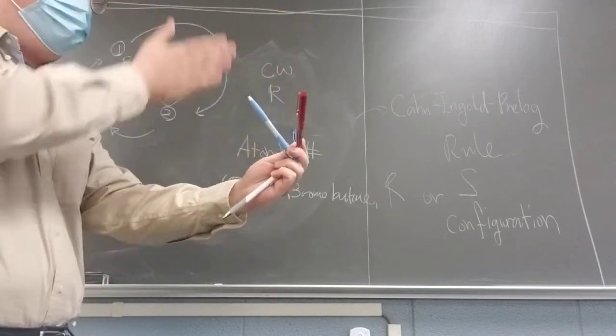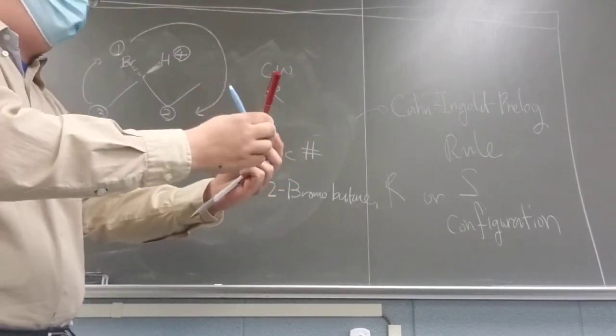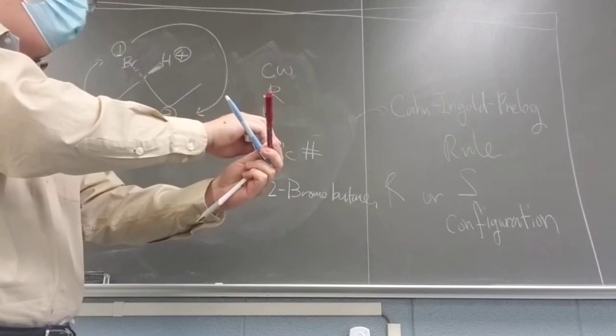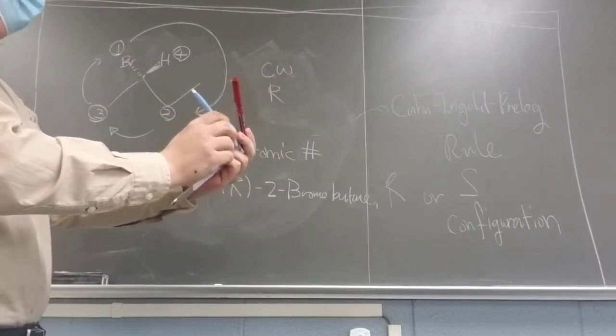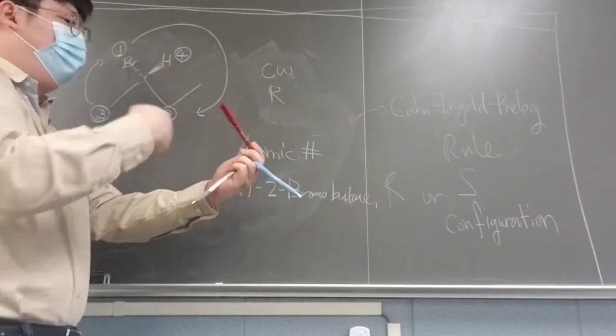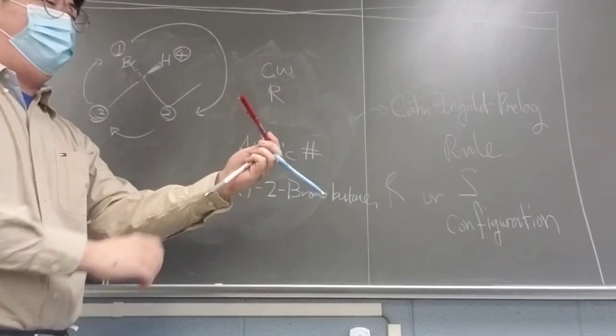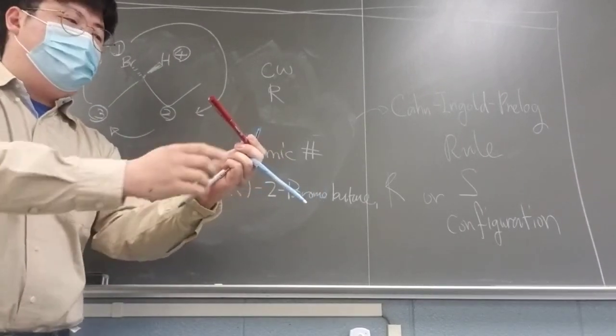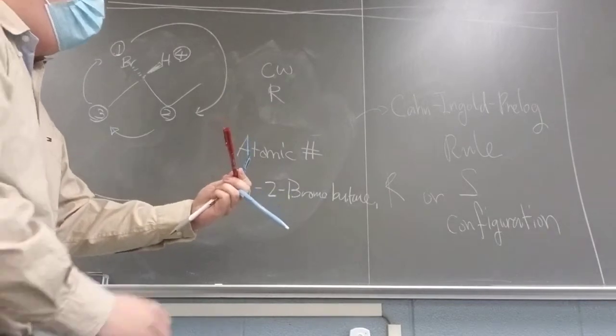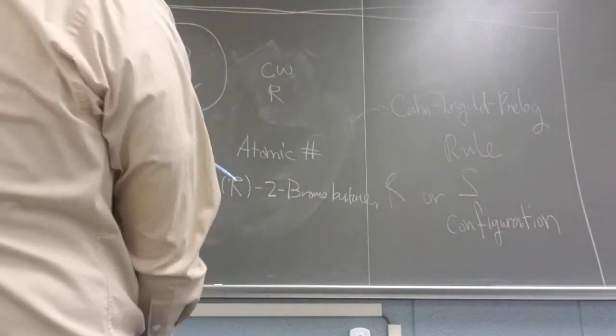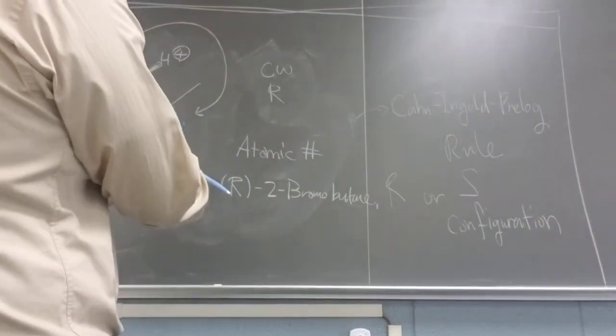So this is the plane. This is heading toward you now. This is heading back, right? And then you have number 2 right in this plane here, number 3 right here, right? Okay, so now we looked at it before like this, because the hydrogen was on the back.